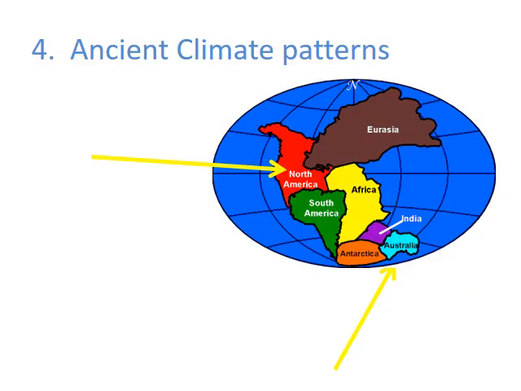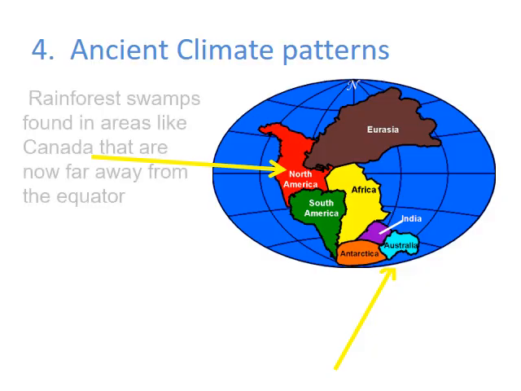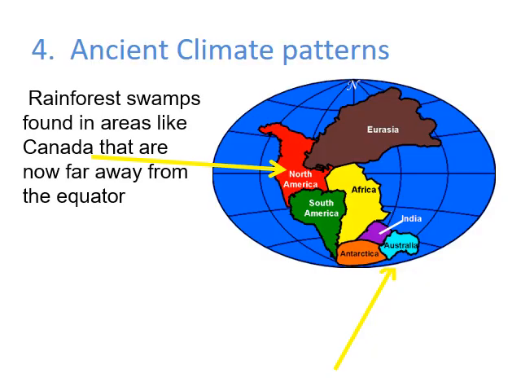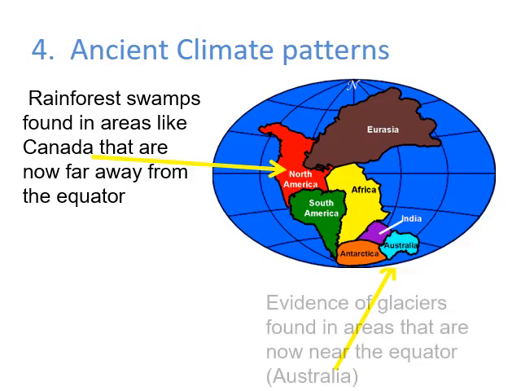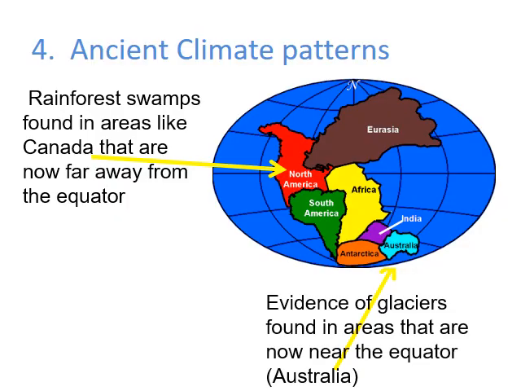Ancient climate patterns is the fourth piece of evidence. We've got rainforests and swamps in Canada. We know there were, but Canada is way too far north. This supports the idea that Canada must have been near the equator at one time. We also know that Australia had some glaciers at one time.